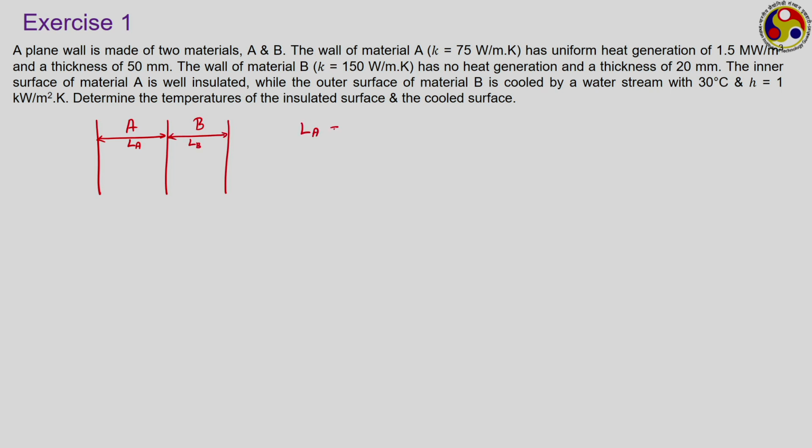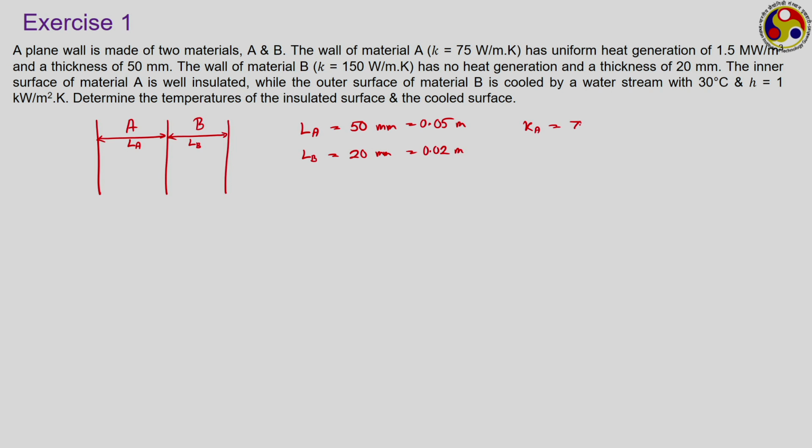Here, as per our given information, L_A, the thickness of the first block, is 50 millimeter, that is 0.05 meter. L_B is equal to 20 millimeter, 0.02 meter. Their thermal conductivities are given also.